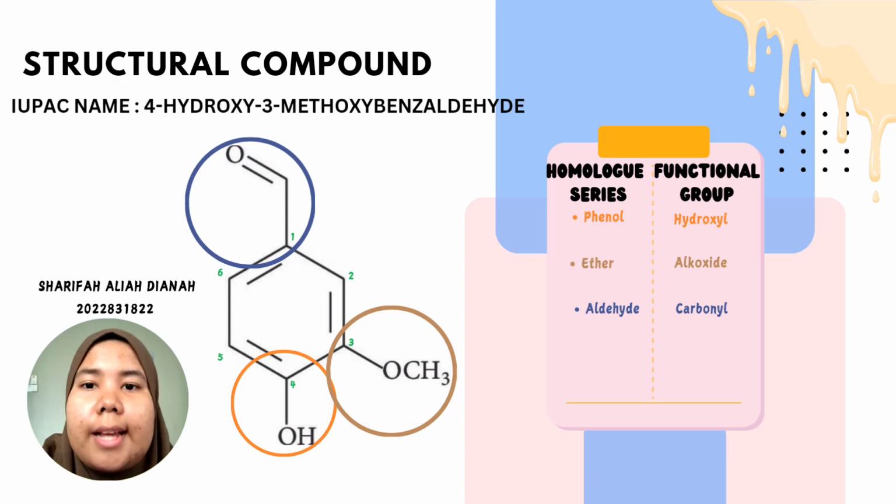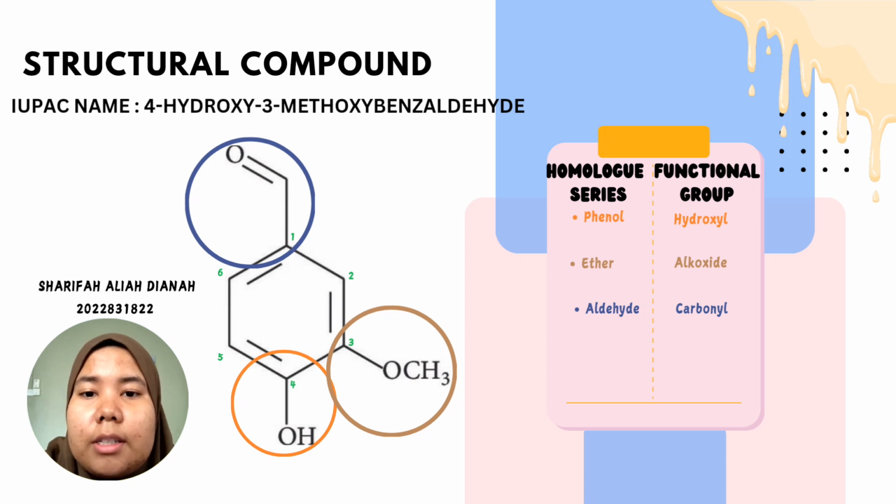Moving on to the next slide, which is the structural compound. This is the structure of vanillin. As you can see, on carbon number 1, there is a double bond O, which means it has the homologous series aldehyde and the functional group is carbonyl.